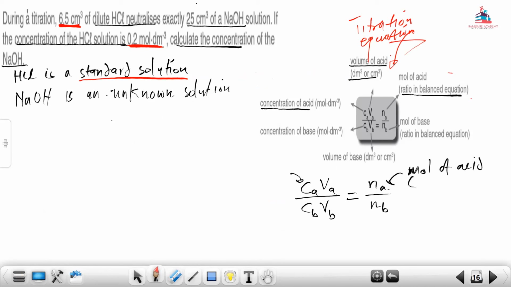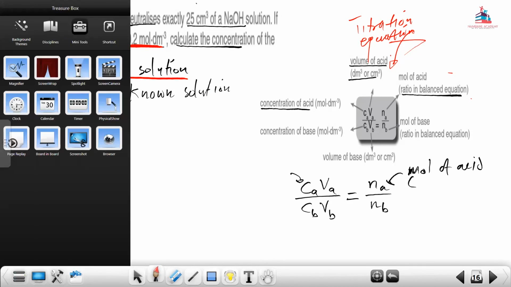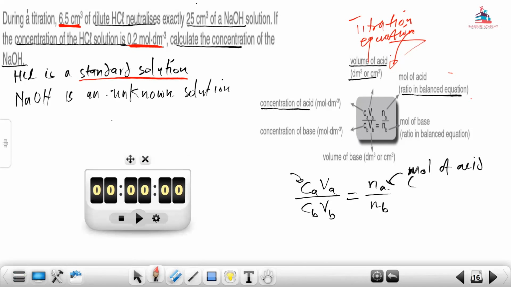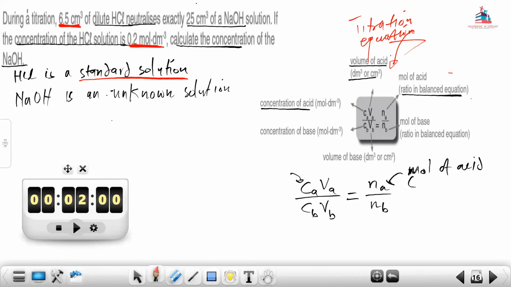So let's use it and check what will be our final answer. I'm going to give you 2 minutes just to quickly do this one. Kindly send your answers now to the chat. Just 2 minutes, and then we'll discuss it in the next 2 minutes.